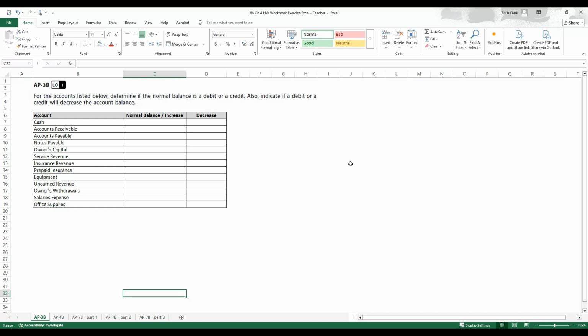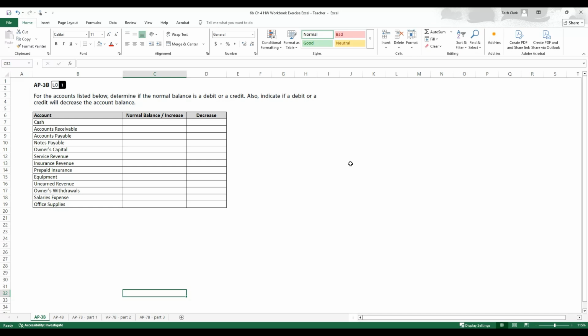And so one thing I think we need to discuss here is the concept of the normal, quote unquote, normal balance. When we use that term normal balance, that just means which side of the T account, essentially, the debit or the credit, remember the left or the right, which side of the account should normally have a balance.